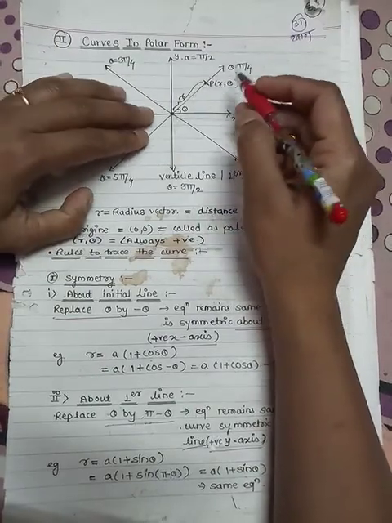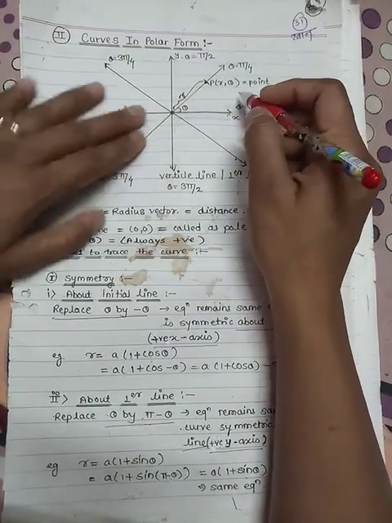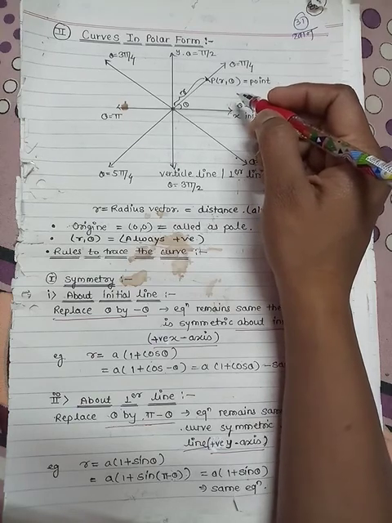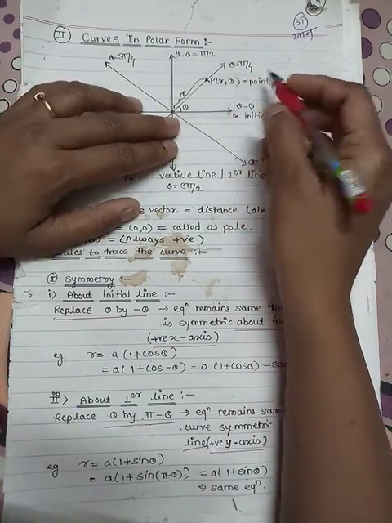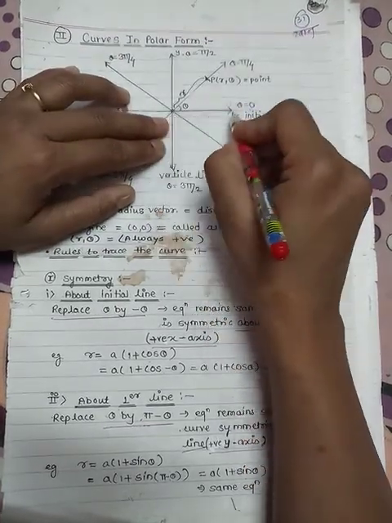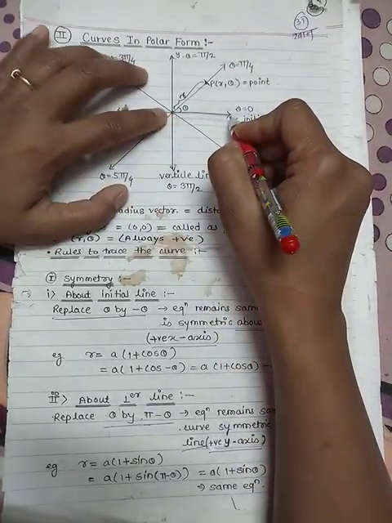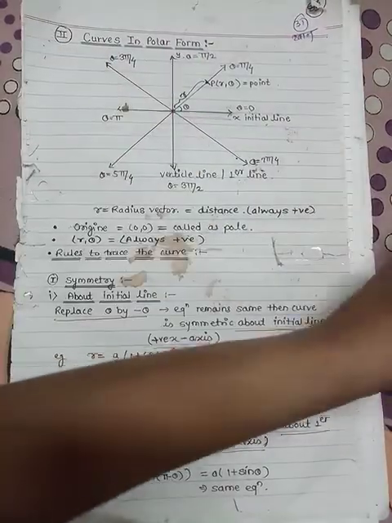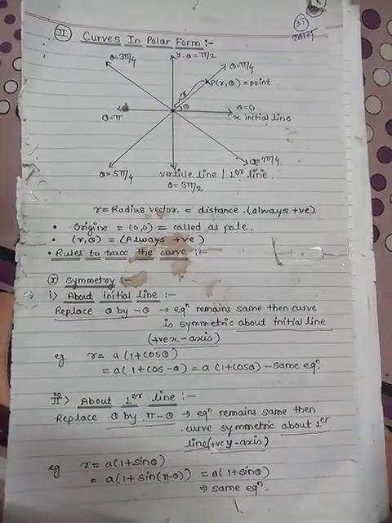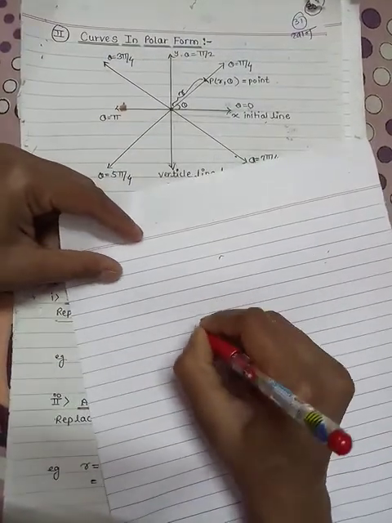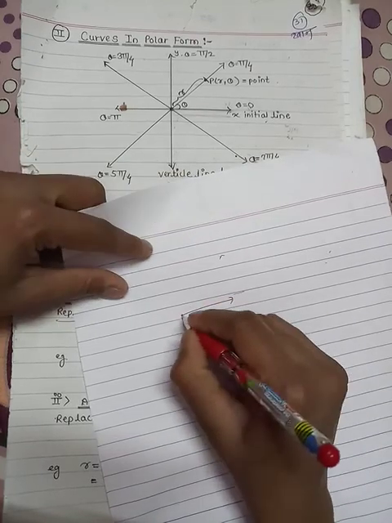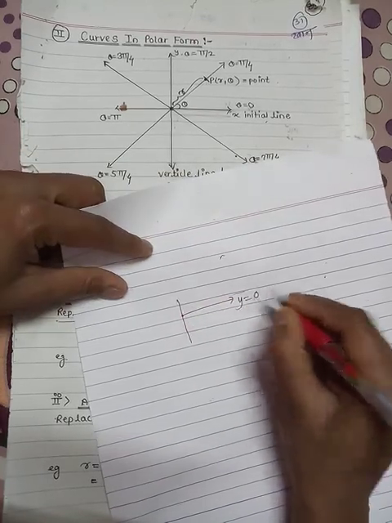Now, what is the meaning of r and theta? Theta is the standard notation for measuring the angle. In Cartesian form, for straight lines, this is your x-axis, so its equation is y equal to 0.